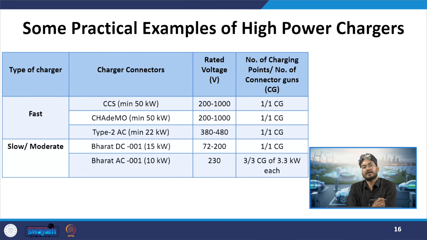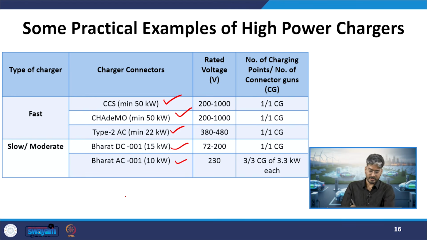The charger cable has an end terminal, which we call the charger connector. These charger connectors are also of various types. We have the CCS type of connector, CHAdeMO, Type 2 AC, then our Indian standards, Bharat DC-001 and Bharat AC-001.